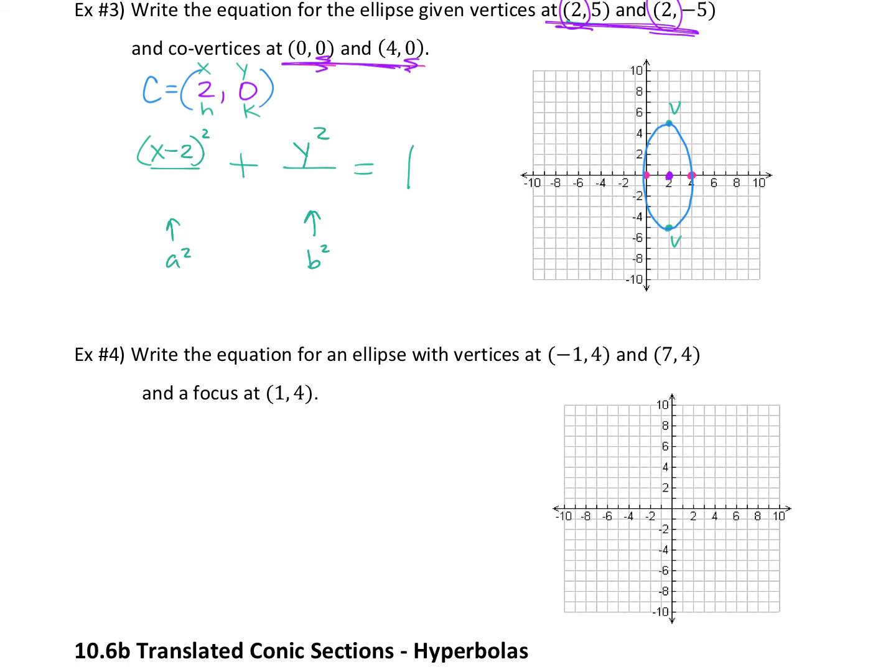What is your a value? Remember, a is from center to the left or the right when we hit our vertices or co-vertices. What's your a value? Your a value is 2. So 2 squared is going to be 4. What's your b value?